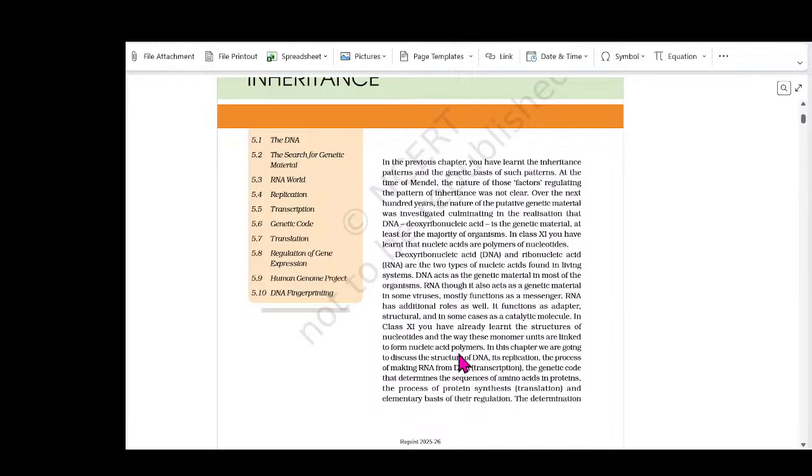In this chapter, we are going to discuss the structure of DNA, its replication, the process of making RNA from DNA, that is transcription, the genetic code that determines the sequences of amino acids in proteins, the process of protein synthesis, translation, and elementary basis of their regulation.